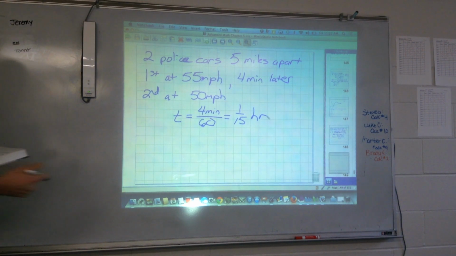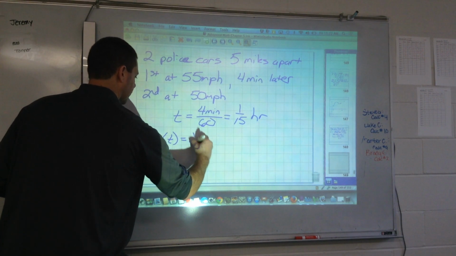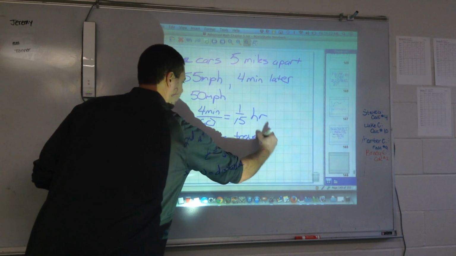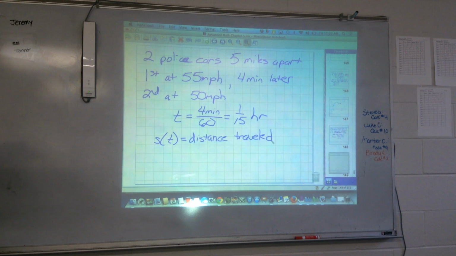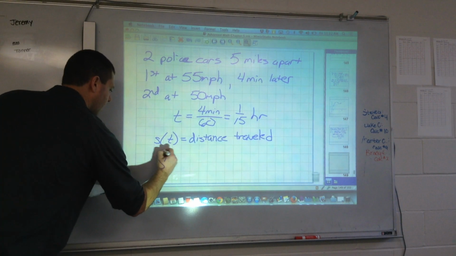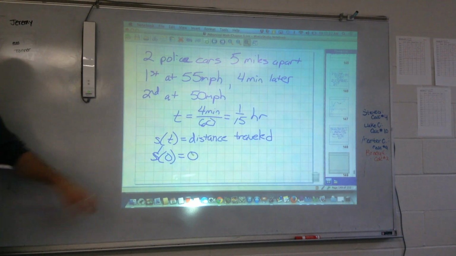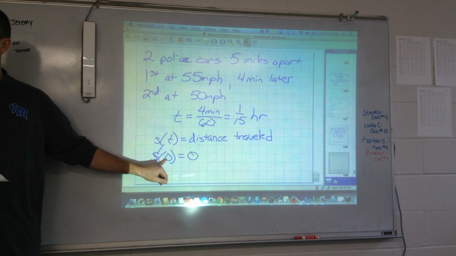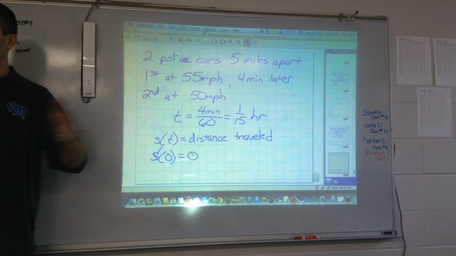So s of t equals the distance traveled, which would equal 5 miles. Well, we know that s of 0 was 0, right? At the moment he met the first patrol car, when time was 0, he's traveled 0 from the first patrol car.